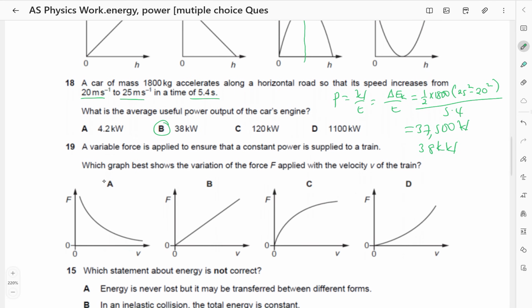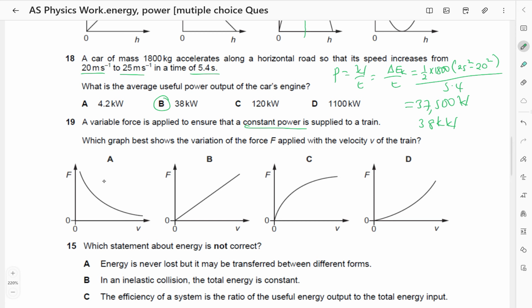A variable force is applied to ensure that a constant power is supplied to a train. Which graph best shows the variation of the force F applied with the velocity v of the train? So we know that power is equal to force times velocity.